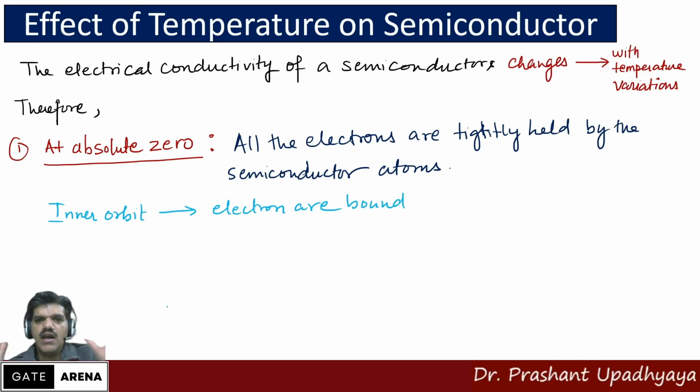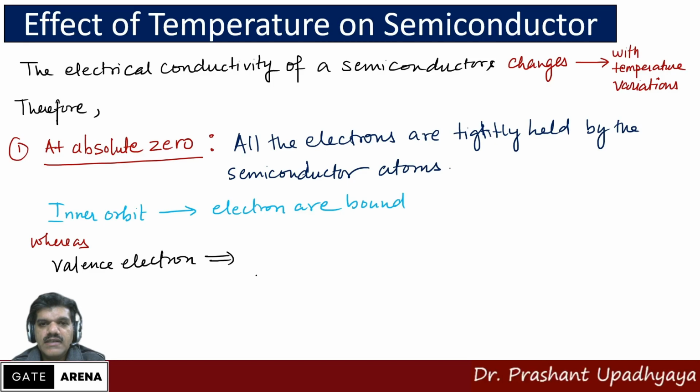They are very tightly bound with respect to the nucleus, whereas the valence electrons are engaged in covalent bonding with their neighbors. So we are writing that valence electrons are engaged, or associated, with the covalent bonding.